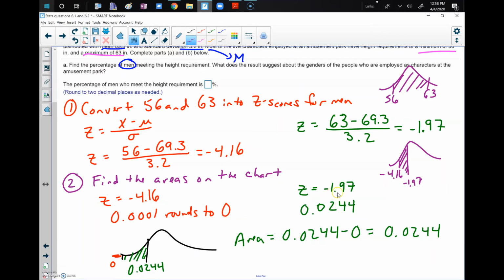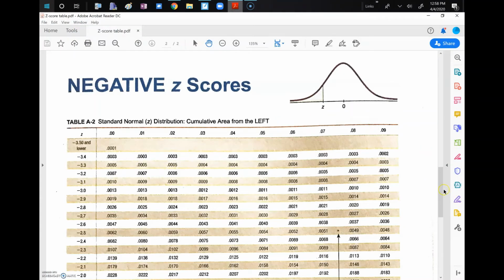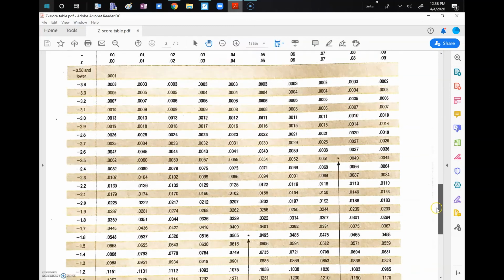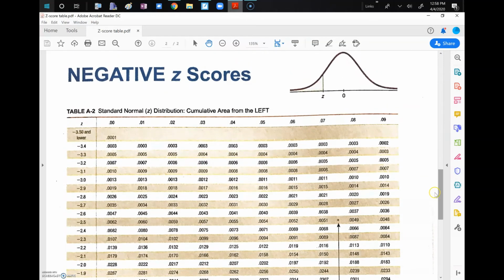Then I need to look up negative 1.97 in my chart. So I'm going to look at negative 1.9, and for the hundredths value of 7, I'm going to look at the 0.07 column, look at where they intersect, and here is my value for my area. So it's 0.0244.